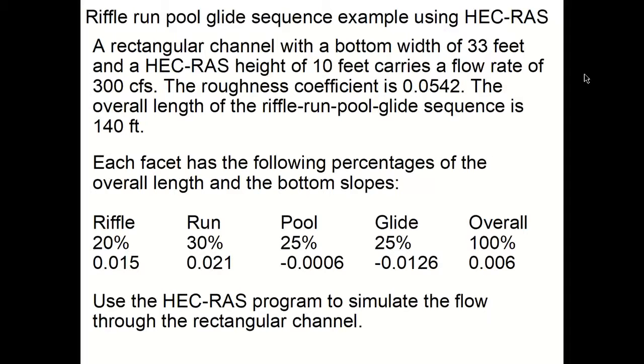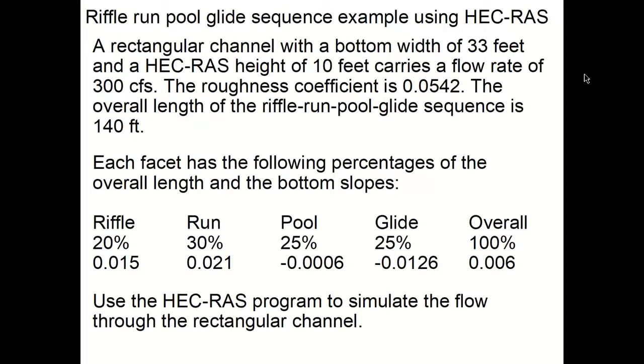Notice these numbers of the 33 feet and the roughness coefficient and the 300 cubic feet per second are from the previous riffle design example. What we're going to do now is use the HEC program to simulate the flow through the rectangular channel.